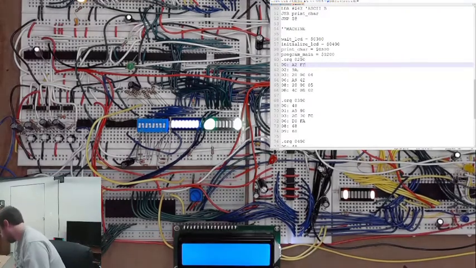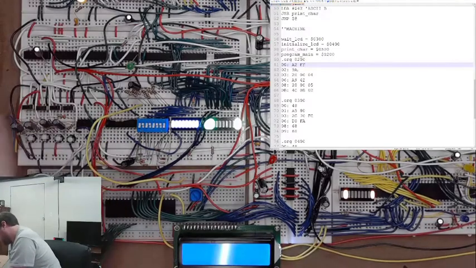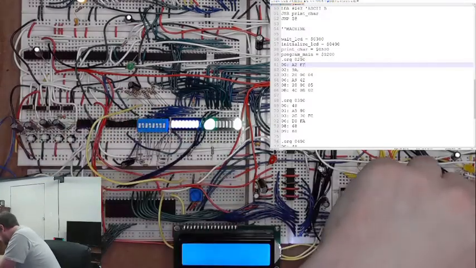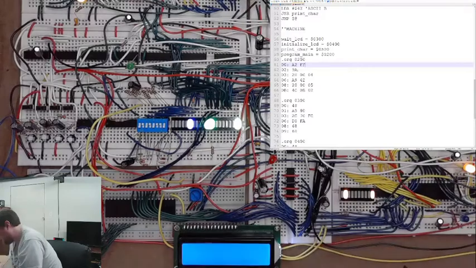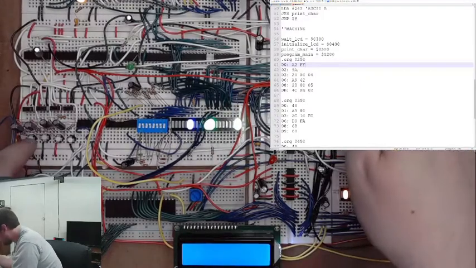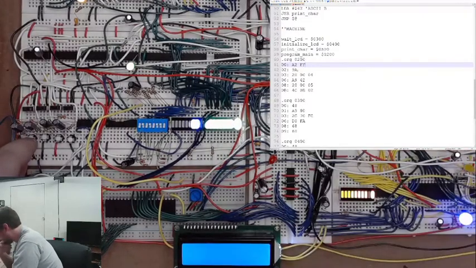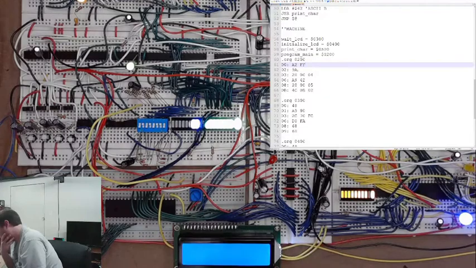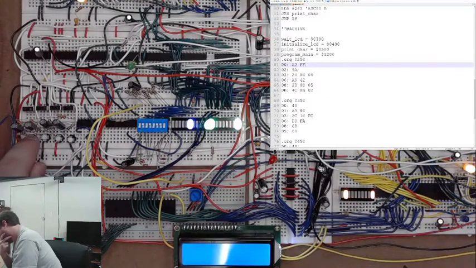So, turn RAM on. Chip is enabled. We're going to single cycle, so everything is okay. And here we go. Let's go ahead and get that reset in.